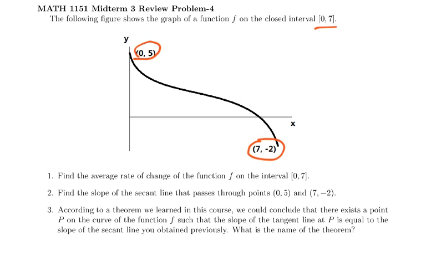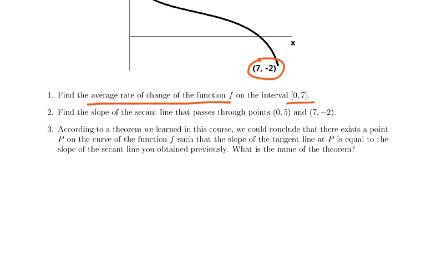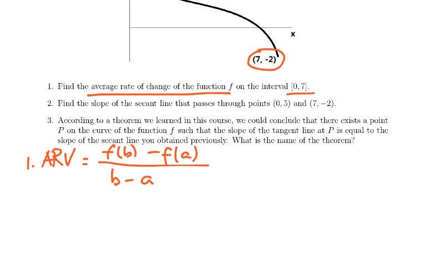For the first part, we want to find the average rate of change of the function f on the interval from 0 to 7. Here we need to recall the formula for the average rate of change, which I will abbreviate as ARC, equal to (f(b) - f(a)) divided by (b - a).